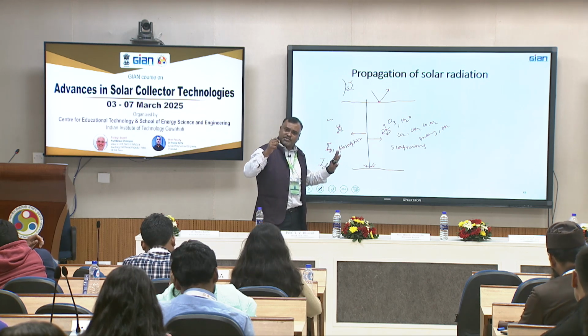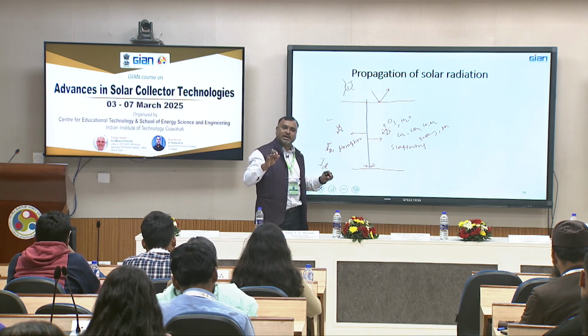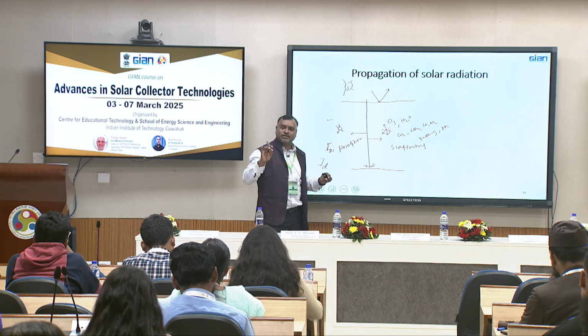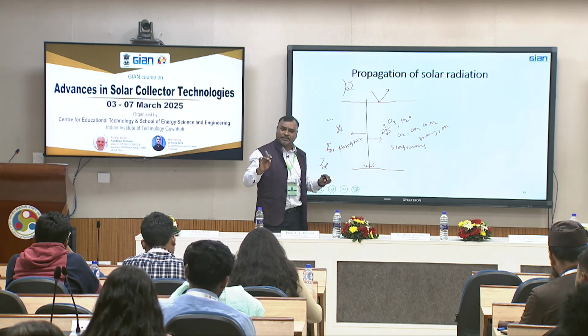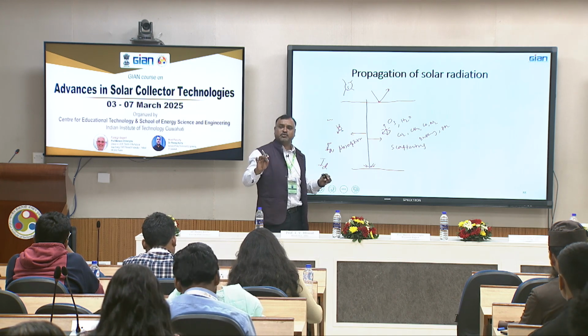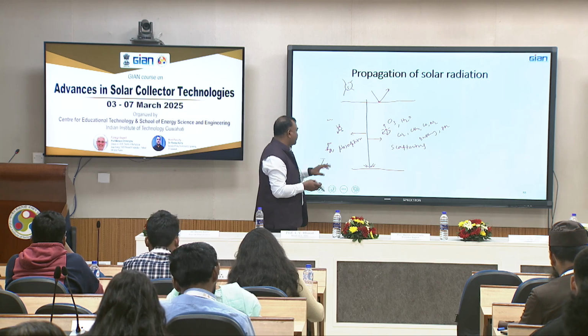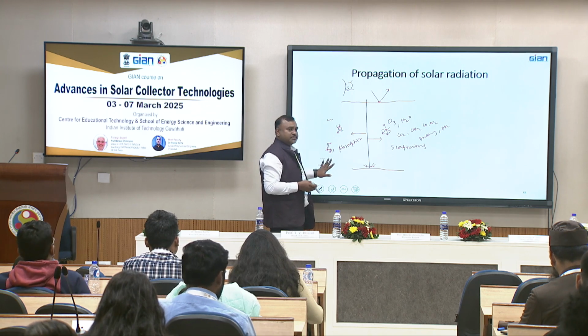So when solar radiation enters the Earth atmosphere, it will be attenuated due to absorption and scattering. And absorption happens because of O3 and H2O present in the Earth atmosphere, and scattering happens for all the gas molecules present and particulate matter. Okay, and we are defining two radiations: direct radiation, and then diffuse radiation, right?